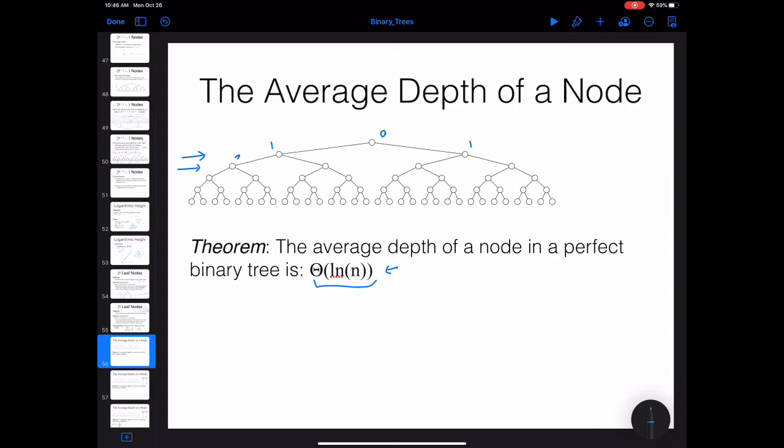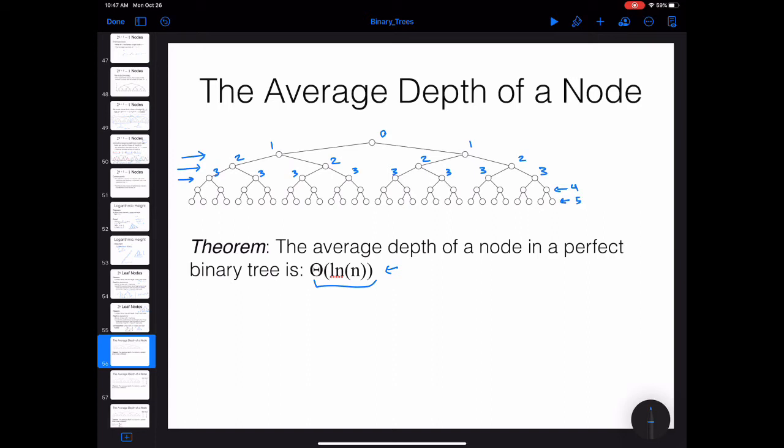So this is going to be 2, 2, 2, 2. The depth of the nodes in this level is going to be whatever the depth of the parent is plus 1: 3, 3, 3, 3, 3, 3, 3, 3. And so on. The depth of all the nodes at this level is going to be 4, and the depth of all the nodes at this level is going to be 5.